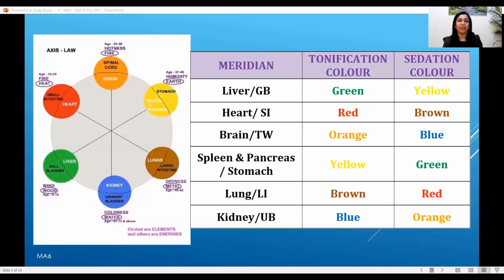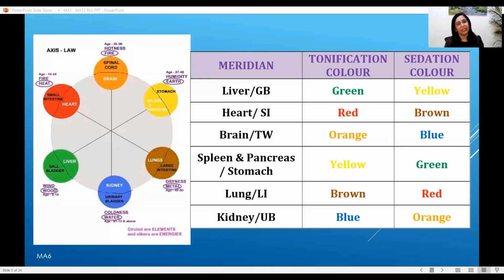For spleen and pancreas, and stomach, the tonification color is yellow, and the sedation color is green. For lungs and large intestine, the tonification color is brown, and the sedation color is red. And last of all, for kidney and urinary bladder, the tonification color is blue, and the sedation color is orange.